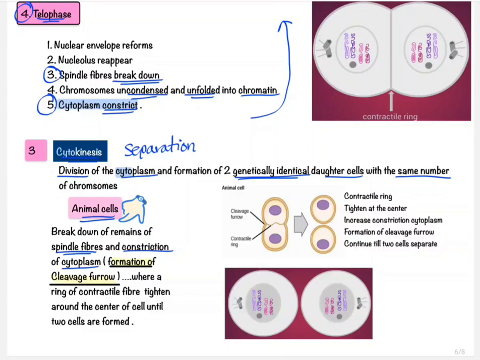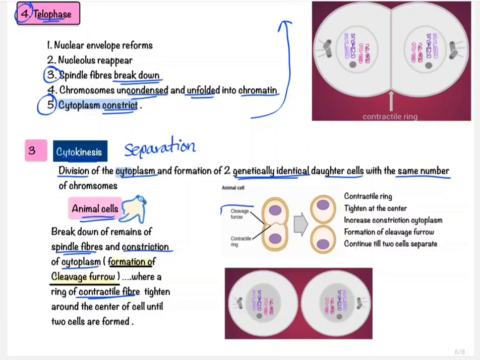A ring of contractile fibers tightens around the center. It's like something holding on very tightly that's going to be broken down by the pressure pressed on it. You get me? So this is called the contractile ring.